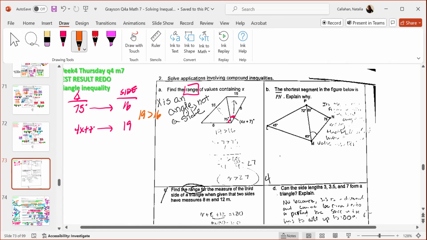So then you do the same thing with the angles. 4x plus 7 is greater than 75. So let's solve it. 75 minus 7 is 68. 68 divided by 4 is 17. That is your answer.